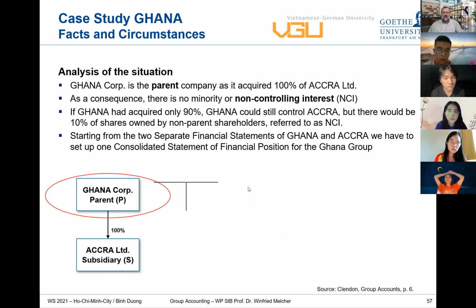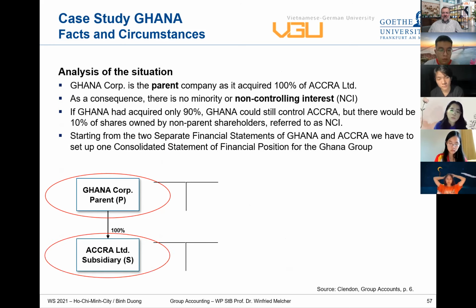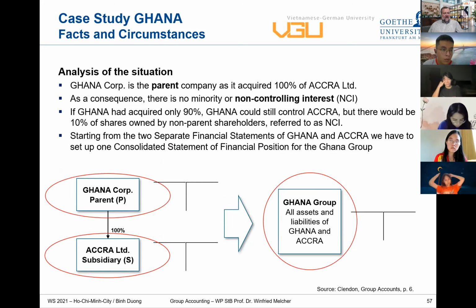So what we do is we take all of the assets of the parent, all of the assets of the subsidiary, and put it into the group accounts, which is only one financial statement. So we combine these assets and liabilities as if it was one company and put it onto one balance sheet.